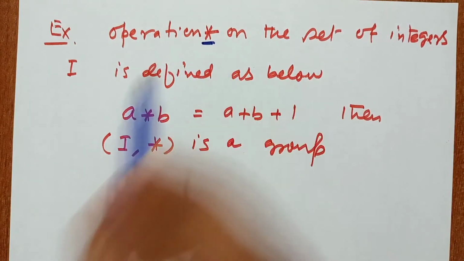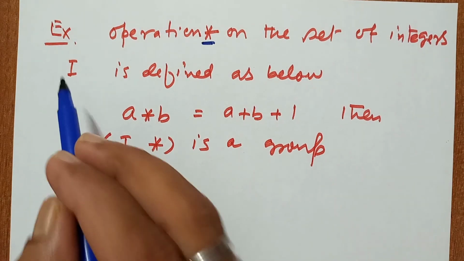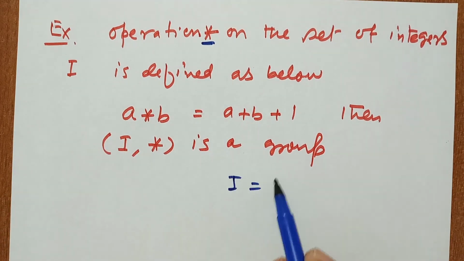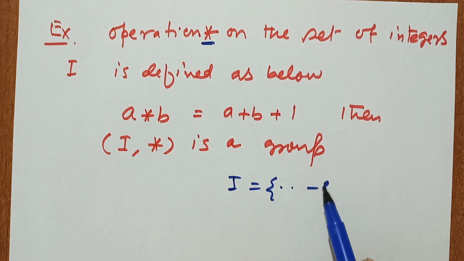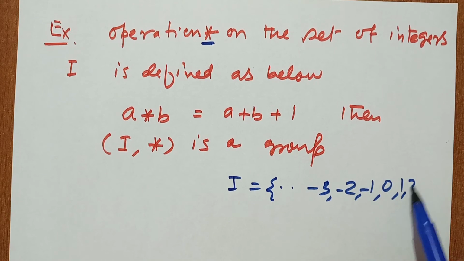Okay, so first you see in any question there is a non-empty set. So here I is the set of integers. In your mind, the set of integers I is equal to minus 3, minus 2, minus 1, 0, 1, 2. Okay, so this is the set of integers.